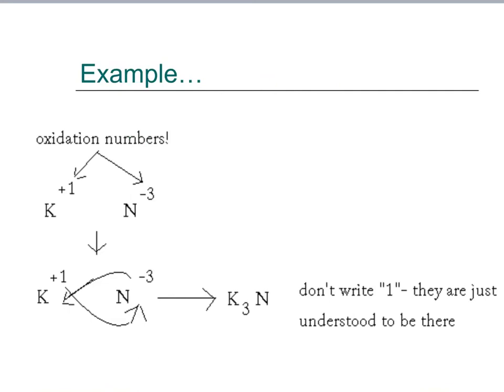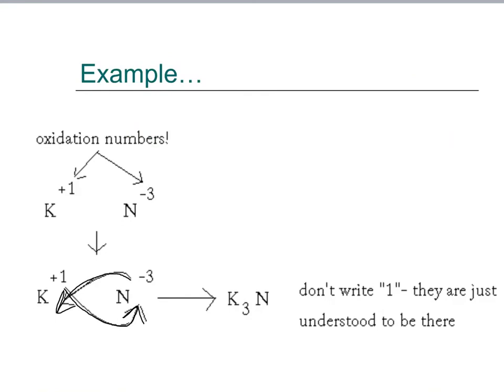Potassium's oxidation number is going to become nitrogen's subscript. Nitrogen's oxidation number is going to become potassium's subscript. So you're going to take that 1 and swing it down to that nitrogen. You're going to take that 3 and swing it down to that potassium.